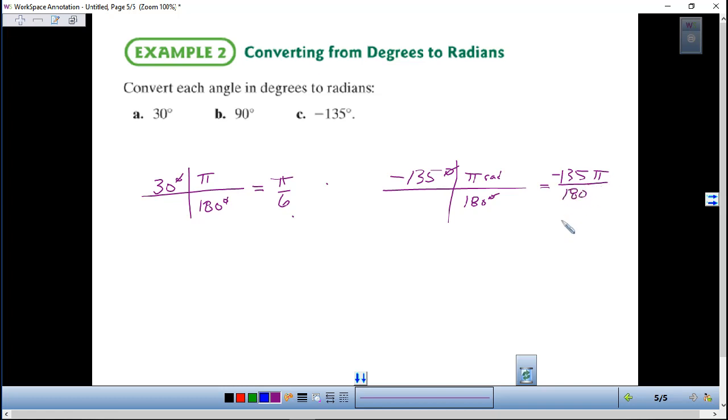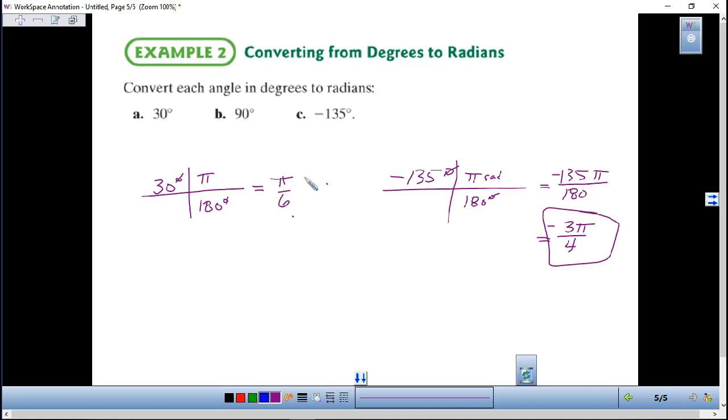And then all you have to do is just reduce that. 135 is 45 times 3. 45 will go into 180 4 times. So we end up with what, negative 3 pi over 4? And that's all there is to it, to go from degrees to radians.